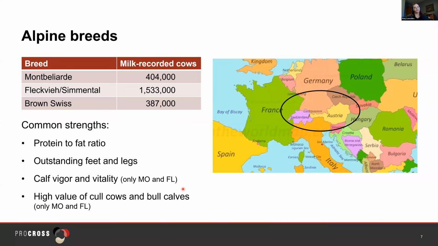Particularly the Montbelliard and the Fleckvieh have advantages for calf vigor and vitality, very good calf traits there. And also a high value of cull cows and bull calves for those breeds, especially due to their high muscularity and body condition. You'll note I left Brown Swiss out of those last two comments, but I'll get back to that a little bit later in the talk.